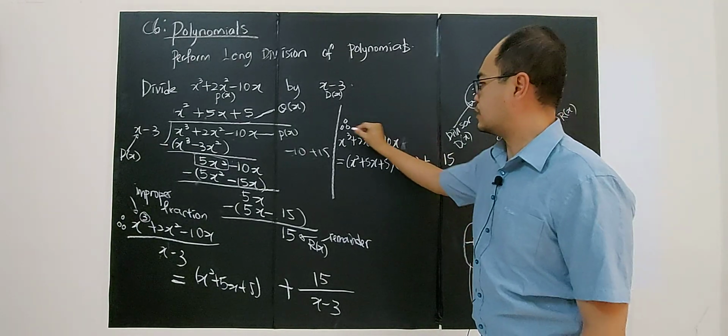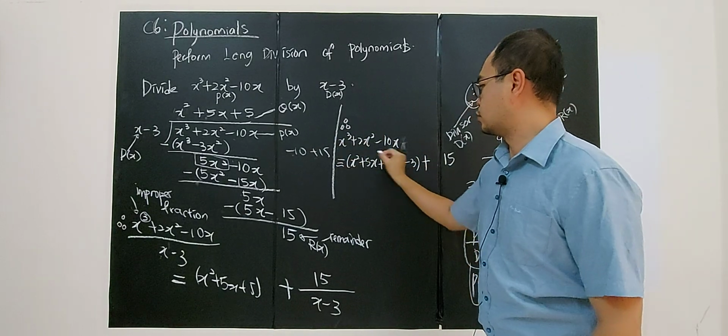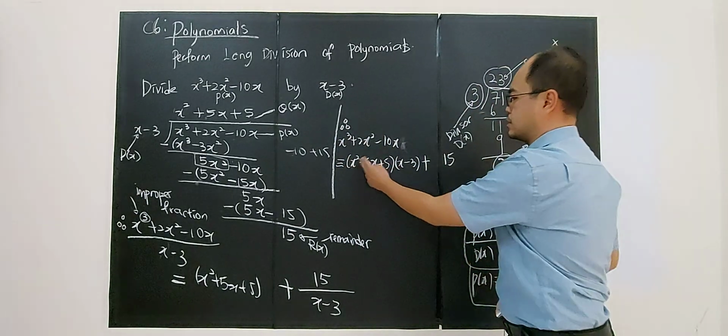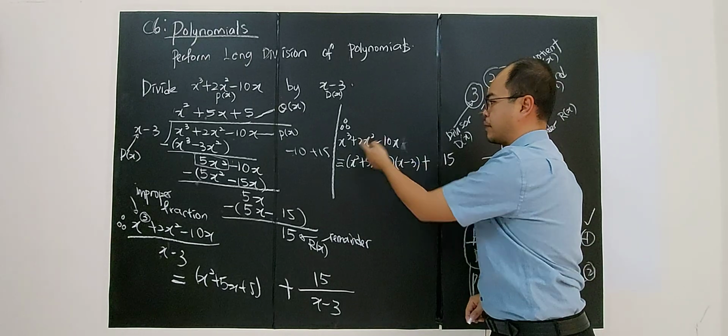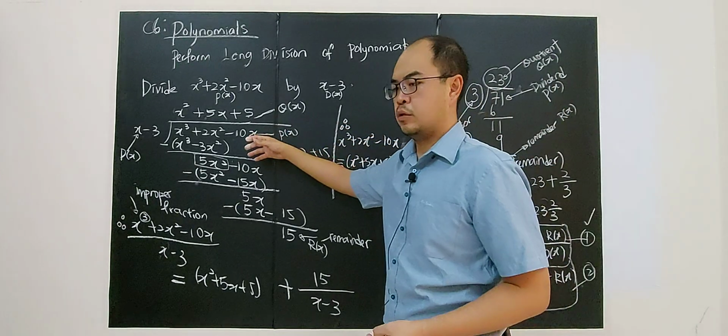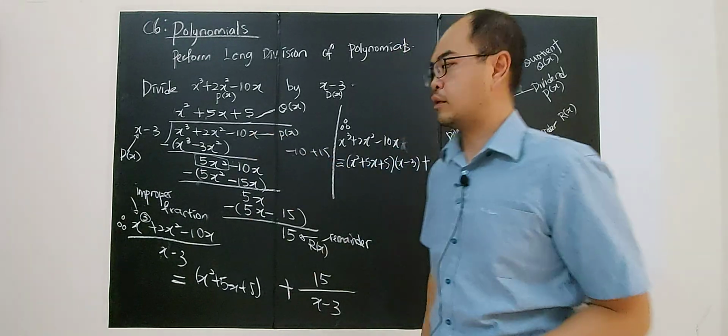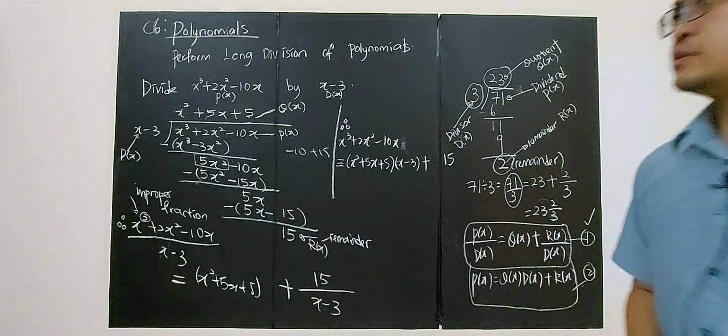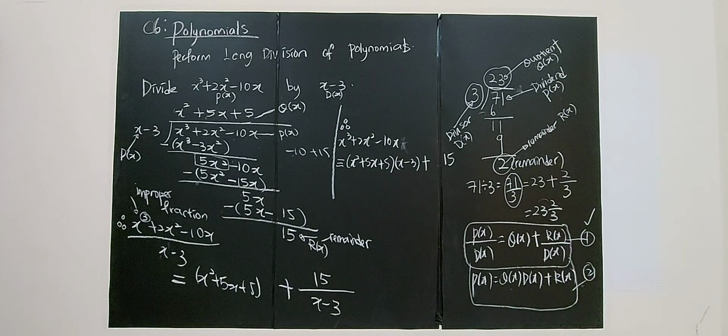So this one is equivalent to the other form. If you expand it, you will get back the same thing. So this is the use of long division. Hope you understand, and we go for the next example.